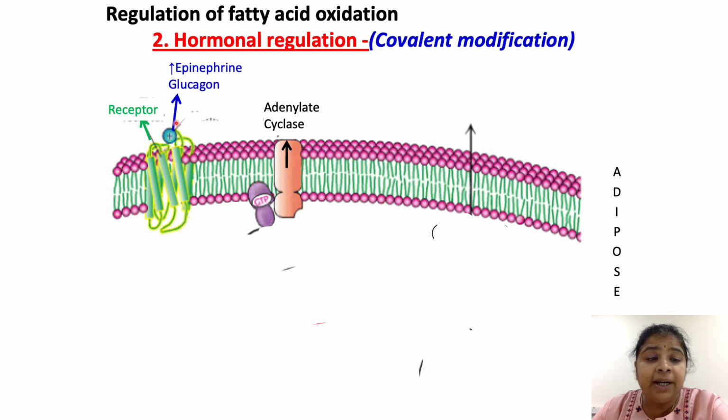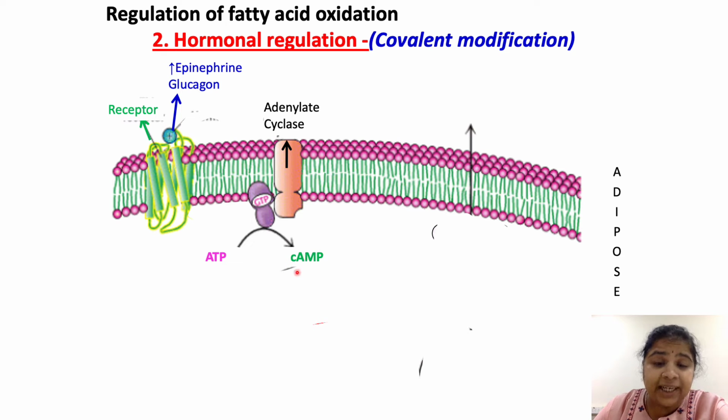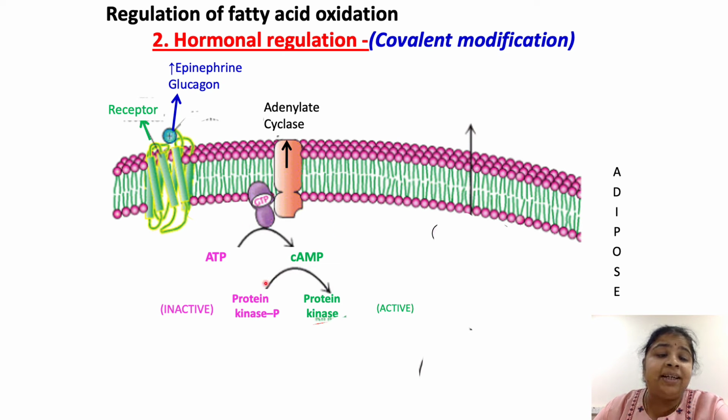These bind to a receptor on the cell membrane, which in turn acts on adenylate cyclase and converts ATP to cyclic AMP. This cyclic AMP in turn activates protein kinase.